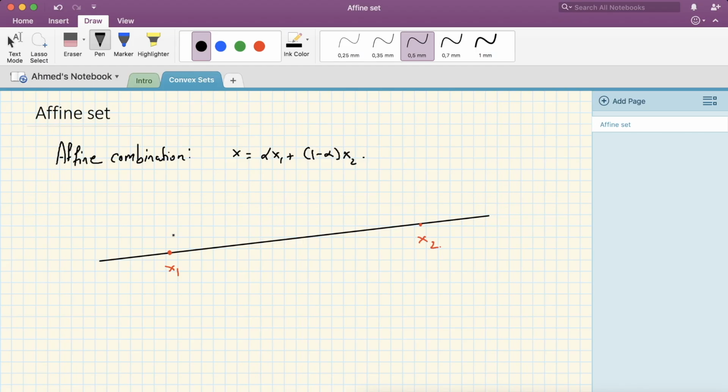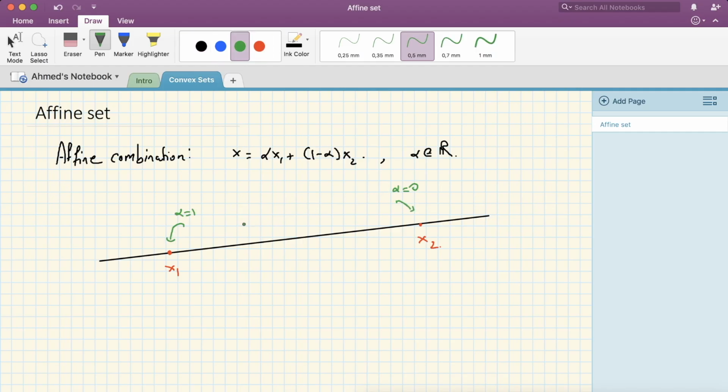Whether you're in 2 dimensions, 1 dimension, n dimensions, it's regardless of the number of dimensions of x. And not just that, one might think that alpha is restricted between 0 and 1, as we talked about in the previous lecture. Well, in an affine combination, your alpha could span all of R. When alpha is 0, you're at x2, and when alpha is 1, you're at x1.